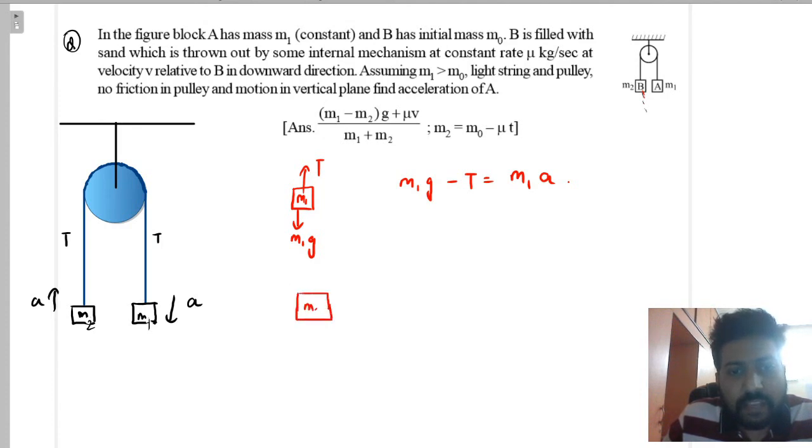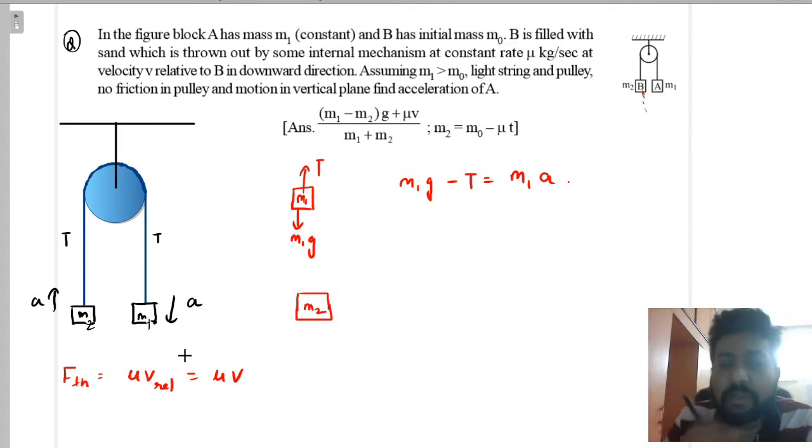If you draw the FBD of M2, now you will see that there will also be one thrust force. The thrust force magnitude will be mu multiplied by V relative, that is mu V, and the direction will be opposite to the relative velocity. Why? Because here mass is ejecting, that means the thrust force is opposite to the relative velocity.